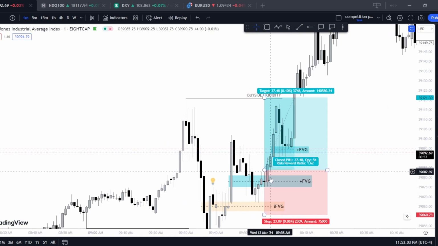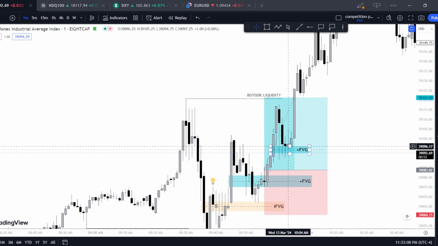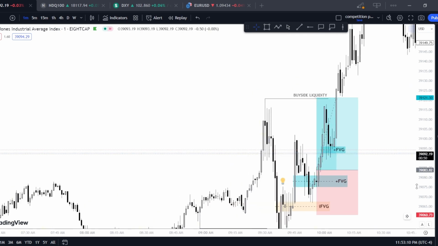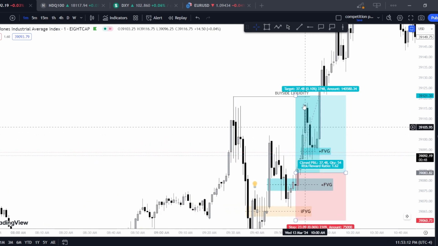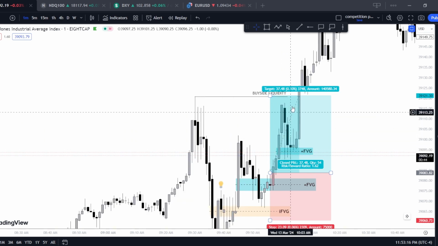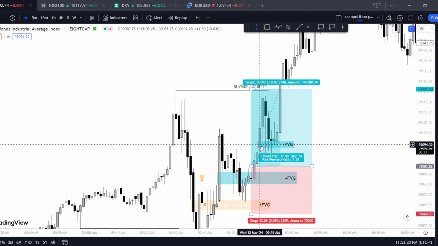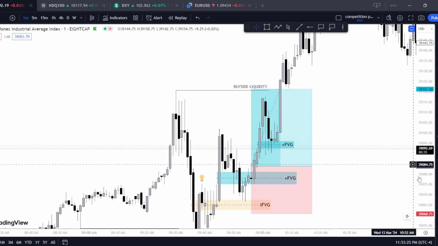So as price is going up, we have a fair value gap again right here. As the candle was trading to the upside, I marked this fair value gap, and then price retraced back inside the fair value gap. And then as you can see, we have sensitivity here at the top of the fair value gap.